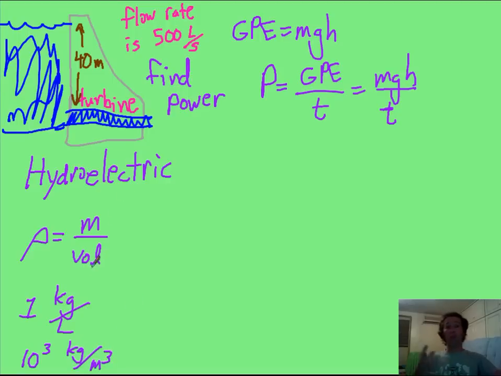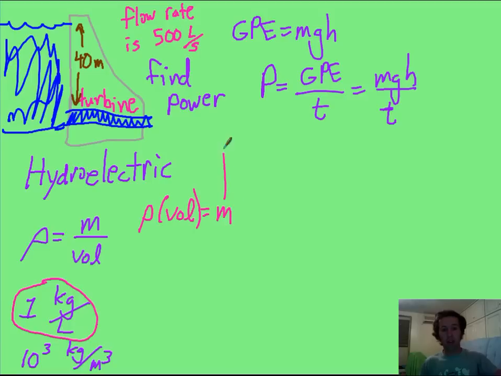It depends on what volumes you're dealing with. Here we're dealing with liters, so that is going to make this the more useful density for us. And what we can say is, if we rearrange, that the density times the volume is going to equal mass. And that we can plug into our equation right there.